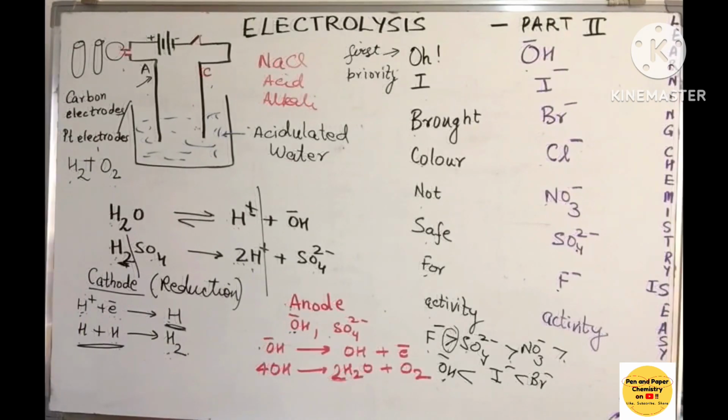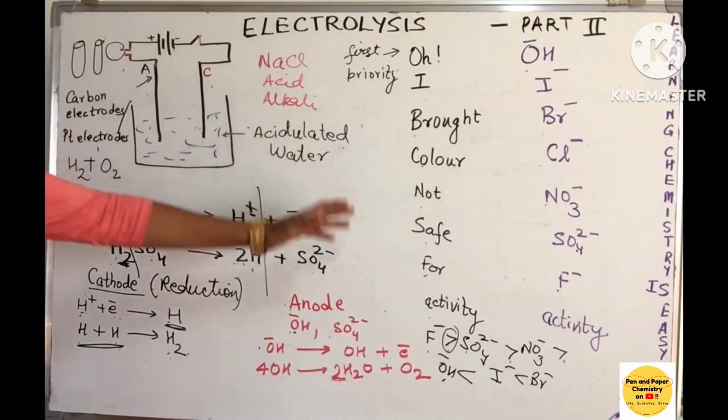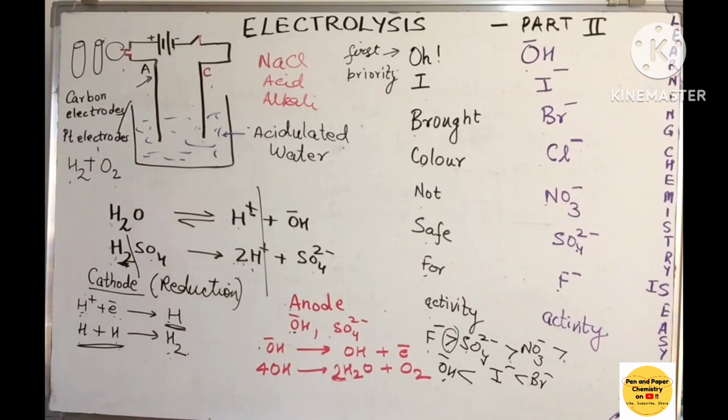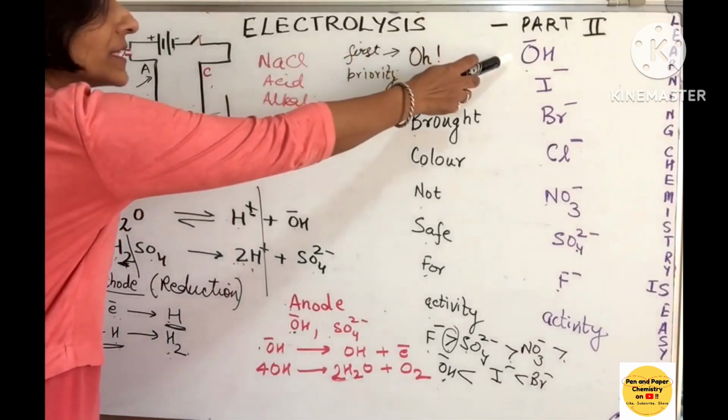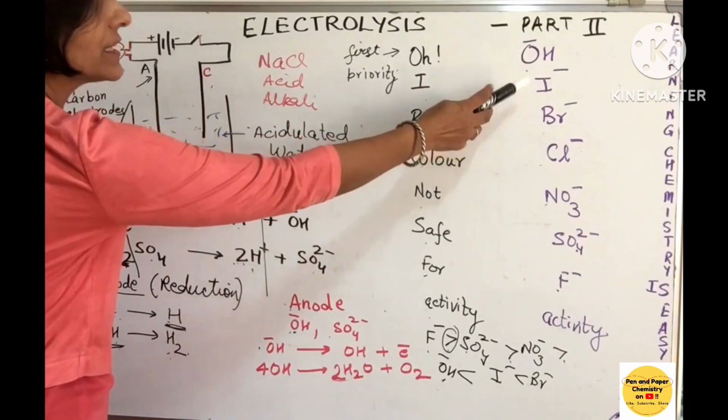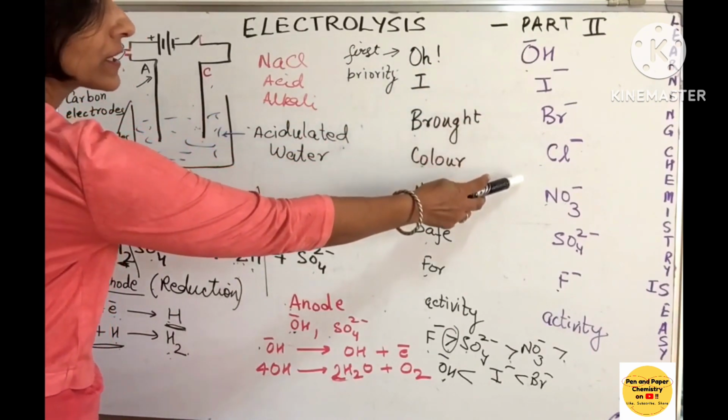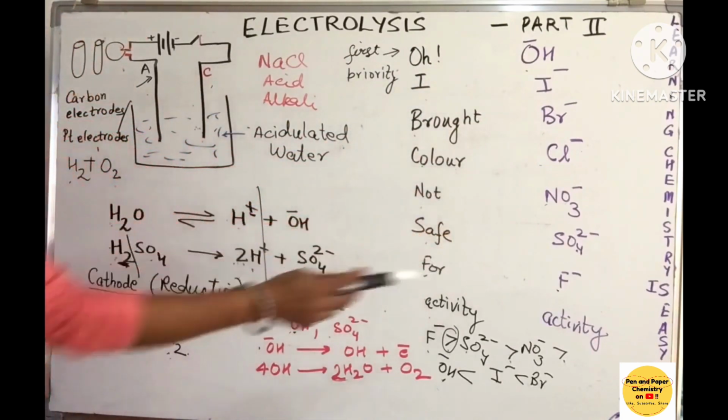The first thing for you to do is to memorize this activity series of anions. Please understand what is asked of you before listing. If you are asked what will be the discharge potential or what will be the priority order for the discharge of the anions, then your series will be hydroxyl greater than iodide, greater than bromide, chloride, then nitrate, sulfate and fluoride.